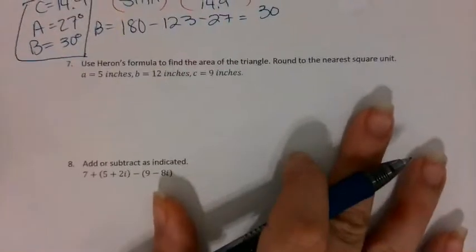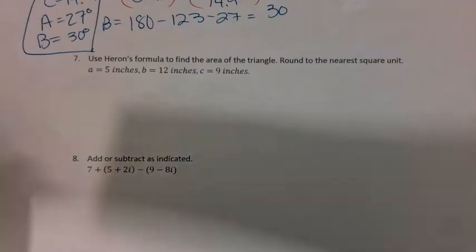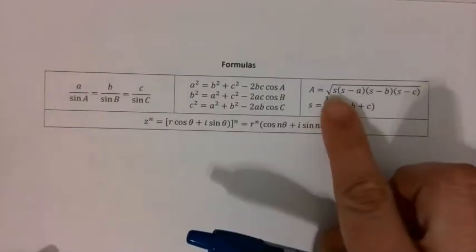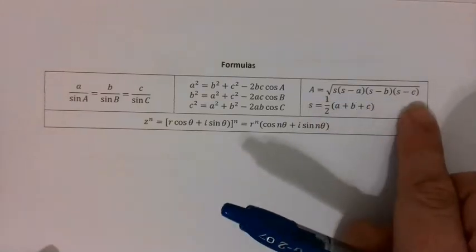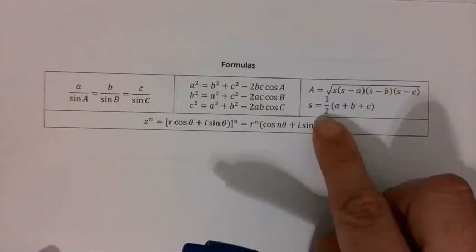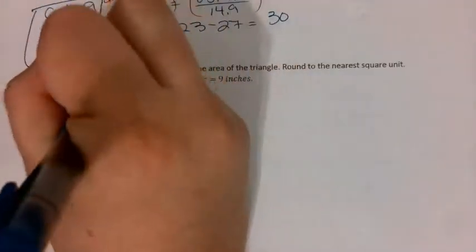Okay, number 7 wants me to use Heron's formula to find the area of the triangle. Let me get my reference sheet out. Heron's formula is A equals the square root of S times S minus A times S minus B times S minus C. S is 1/2 the perimeter. So the first thing I need to do here is find my perimeter.